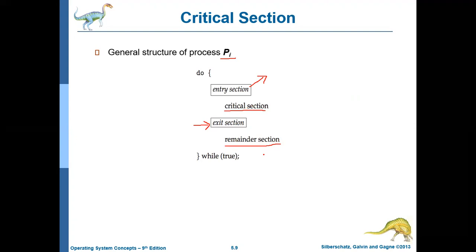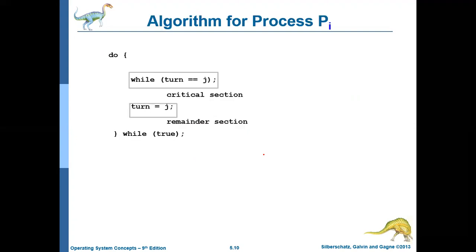Fine. So now let us discuss the solution to the critical section problem. This is a generic solution. So what is the critical section? The critical section is that part of the code in which a process is going to access the shared variable, and when the process is accessing the shared variable, no other process should execute its critical section.